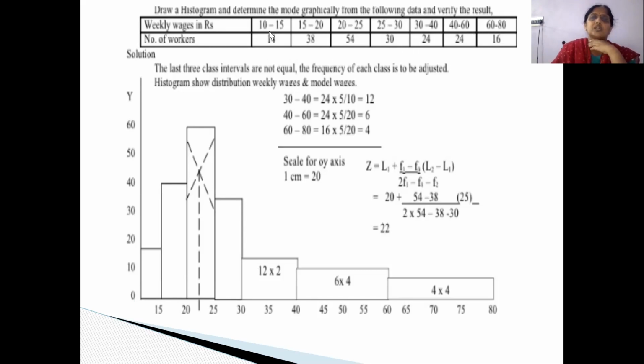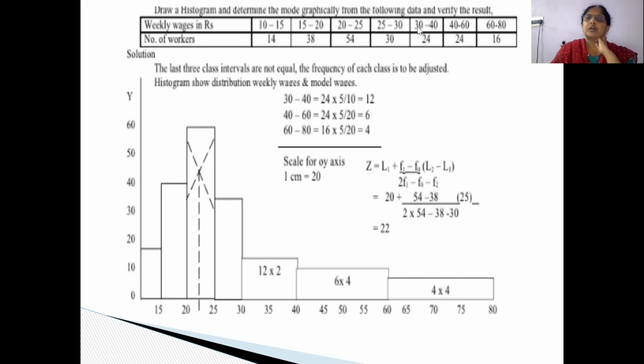The weekly wages of the workers and the number of workers are given. This is the frequency and this is the variable. This problem is about the weekly wages of workers. Let us see whether it is equal or unequal. Here we have 10 to 15, 15 to 20, 20 to 25, 25 to 30, 30 to 40, 40 to 60, 60 to 80. These are the class intervals. The difference is 5 here, and also 5 for 20 to 25 and 25 to 30.